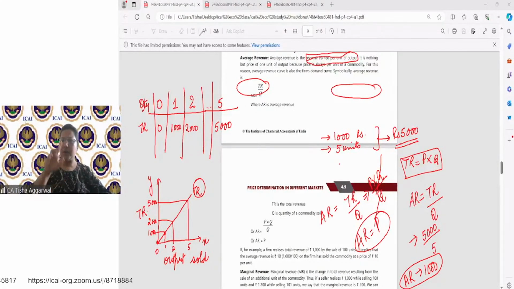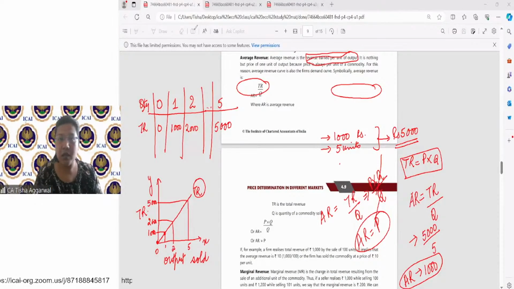So per unit, you are earning 1,000 rupees. That 1,000 rupees that you are earning by selling one quantity is what is known as the average revenue. And if you see this, average revenue is nothing but the price. I hope it is clear up till here.